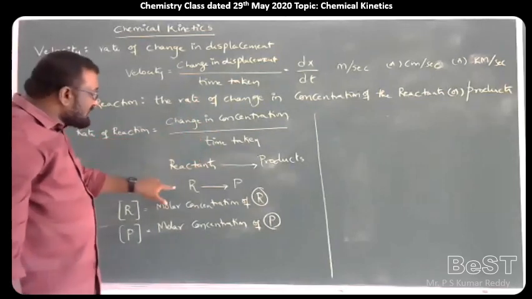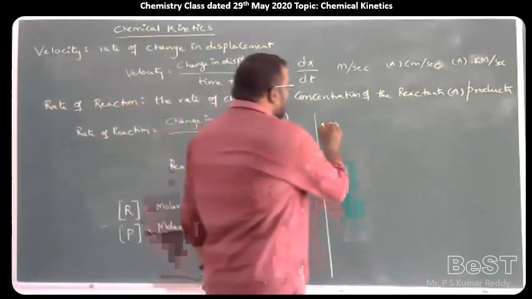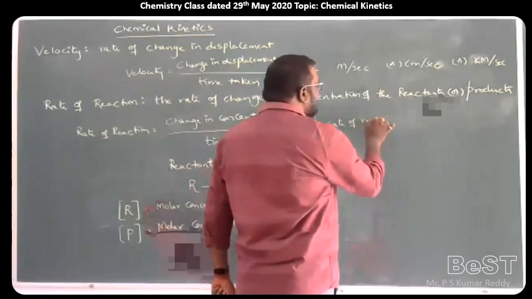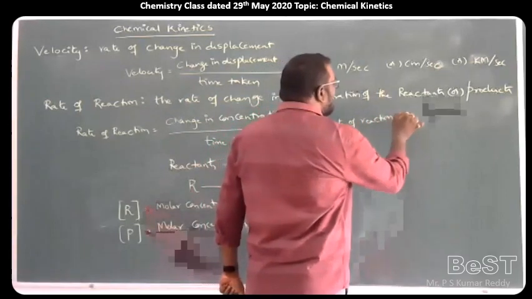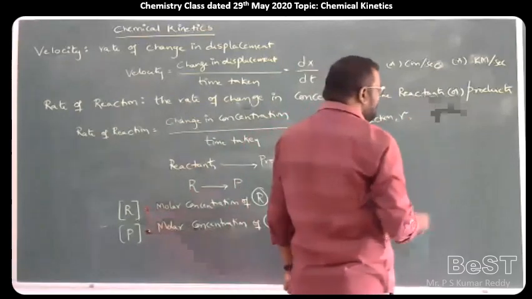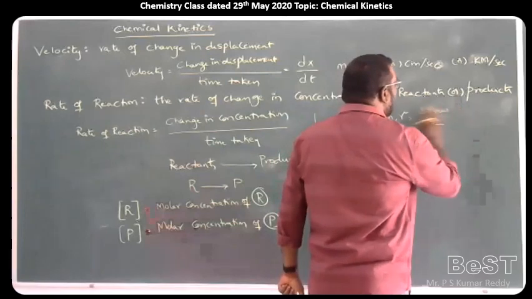Now with respect to reactants, the rate of reaction, which I denote as a small r, is equal to the decrease in concentration of reactants by time taken.